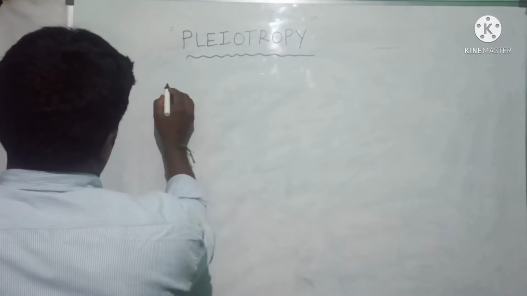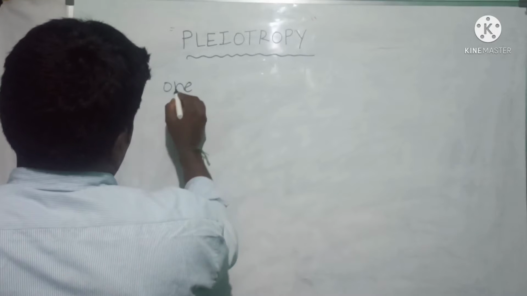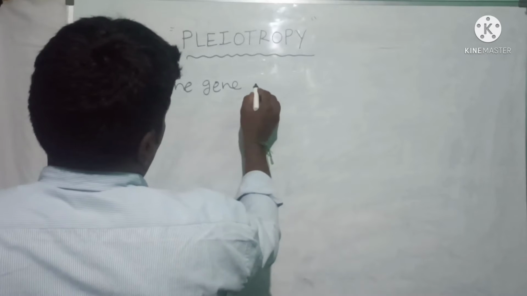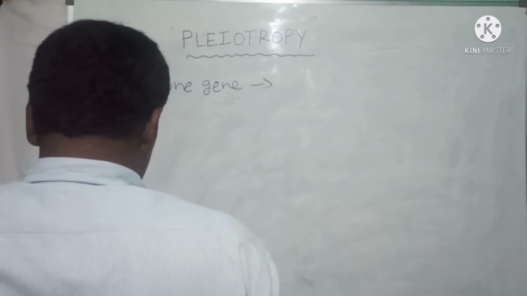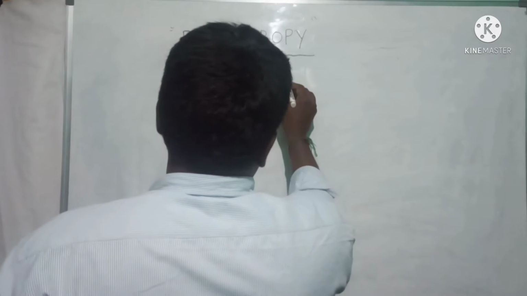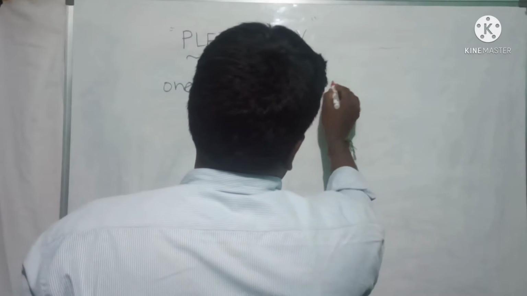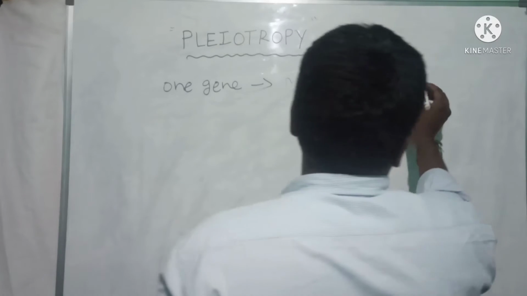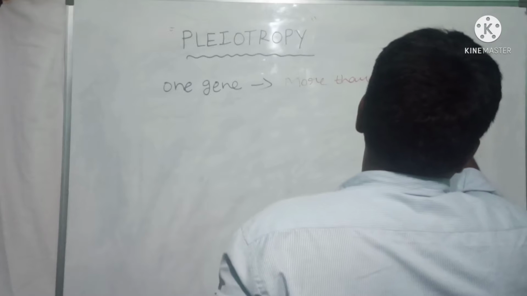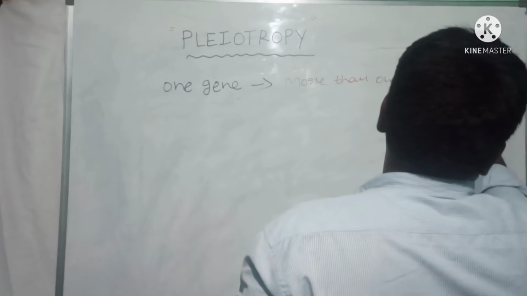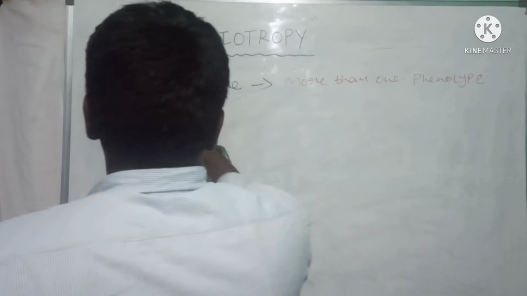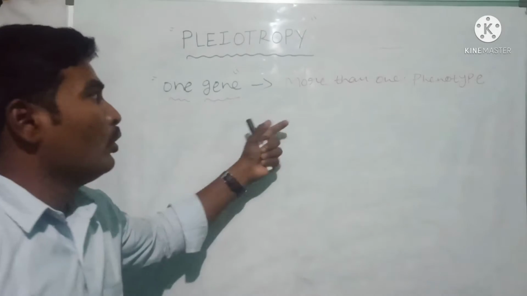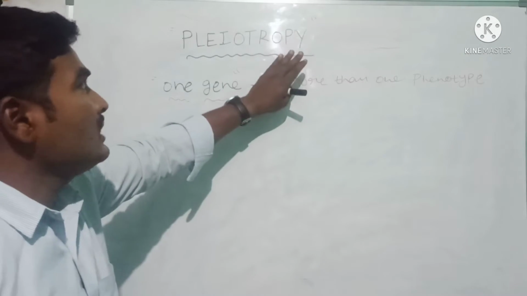So one gene controls more than one phenotype. It is called pleiotropy.